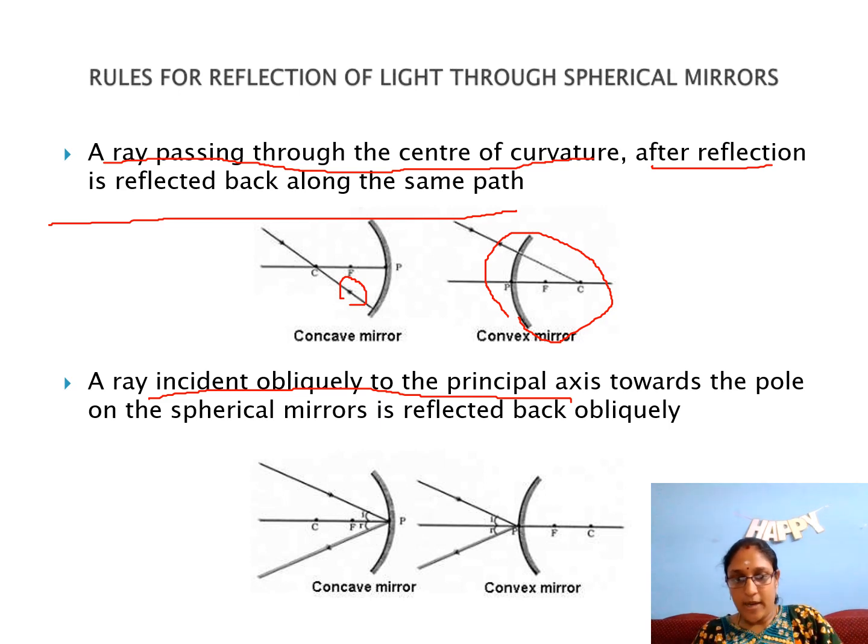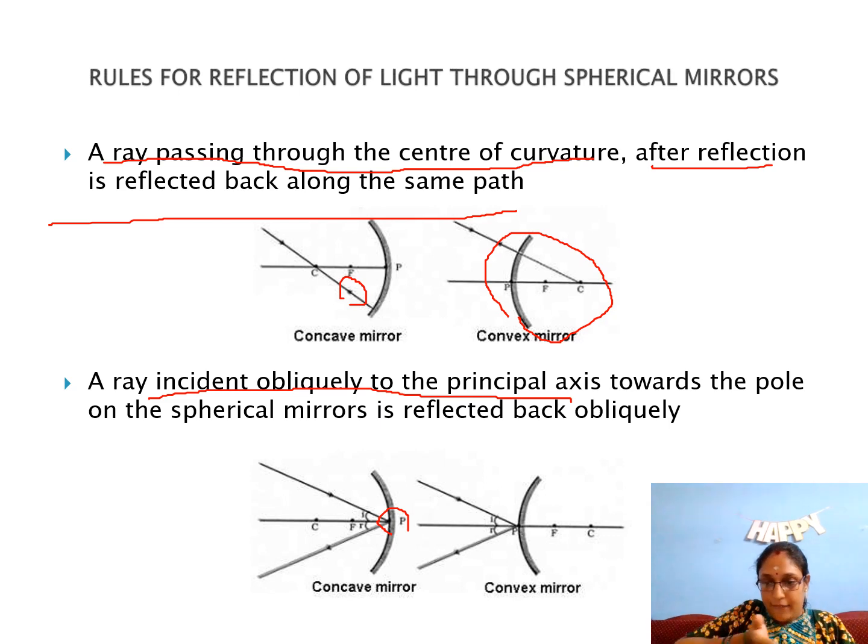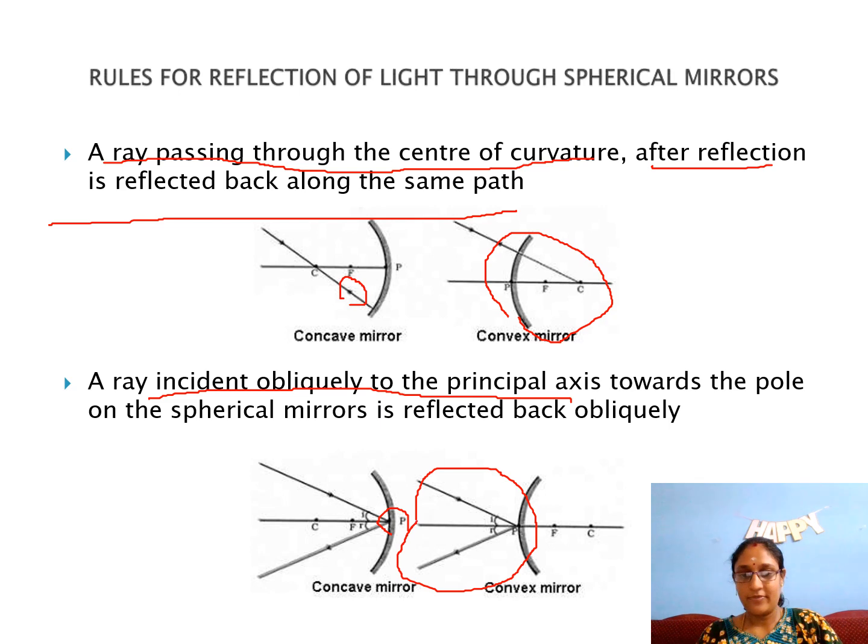When the incident ray is oblique to the principal axis towards the pole, this is your pole, we saw in the previous slide, the reflected ray is also oblique, slanting. In a convex mirror, it appears to be so. Got it? So these are the 4 rules of reflection.